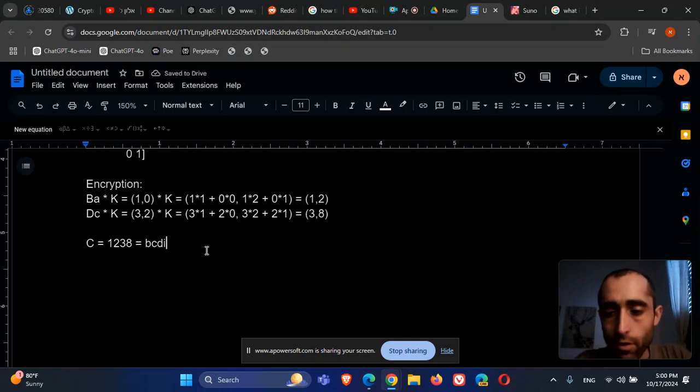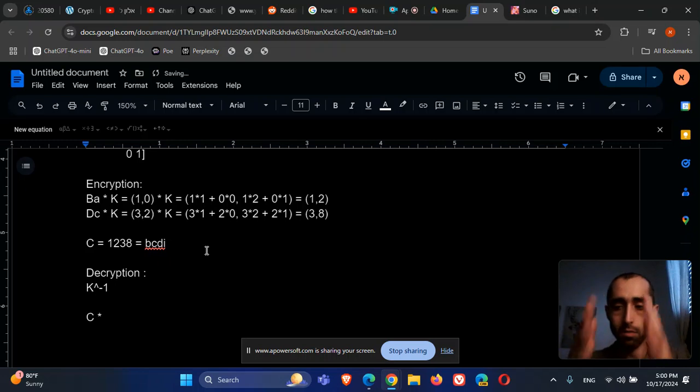Now let's assume that you get this ciphertext and you want to decrypt the message. So, decryption. In order to decrypt, I need the inverse of the matrix, because what I will do is take the ciphertext, in pairs of 2 letters as I did in encryption, and multiply by the inverse of the matrix, right?